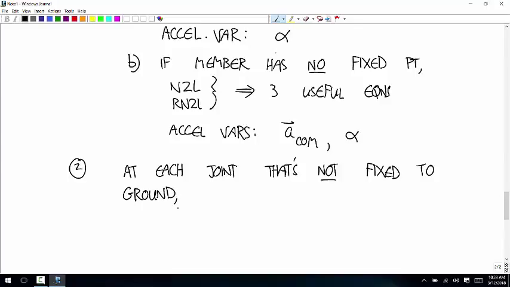Does it have to be affixed at the ground? Yes, it has to be. So let's say that's only going to be pin joints in 2D.